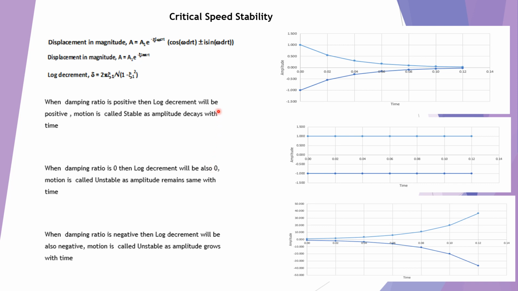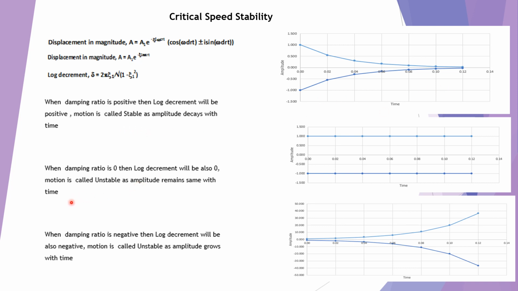The critical speed stability checks. If you see, this one is decreasing with time. This is constant. So this is stable, we can say. This is constant, so still not stable, and this is increasing, so this is not stable. In the first case the damping ratio is positive and the log decrement will be positive, and the motion is stable as its amplitude starts decreasing.